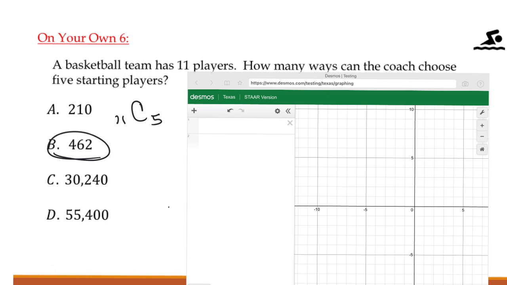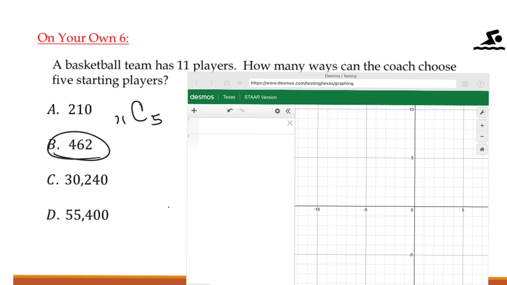All right, the last one, a basketball team has 11 players. How many ways can the coach choose 5 starting players? This is a combination. We're just going to pick 5 starting players. We're not picking a person for center, for guard, for forwards. We're just picking 5 players, 5 starters. So the order does not matter.